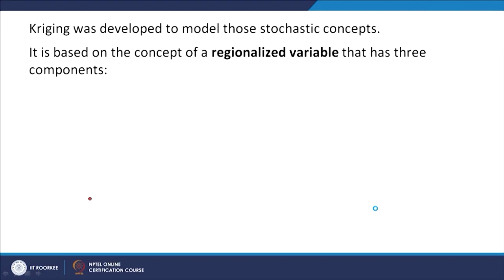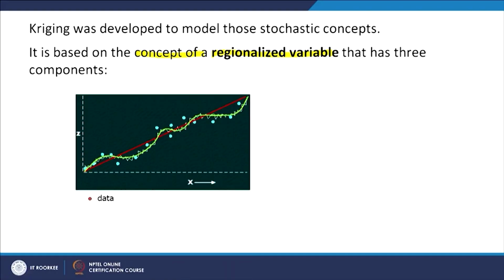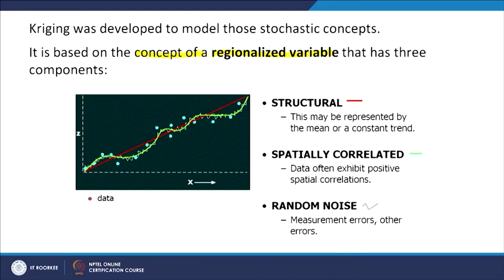Since kriging has been developed, as we have discussed, based on the stochastic concept, it is based on the concept of a regionalized variable, which has 3 components. Of course, your data is there, like here where the data is shown in these dots. The first component is the structural one, shown as the red line in this diagram.